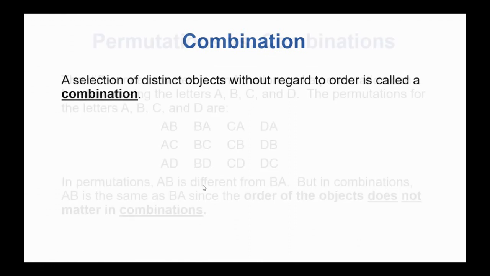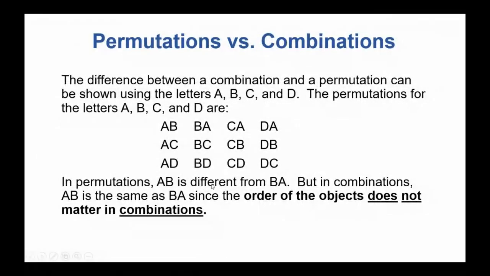So let's do a little exploratory exercise for a second. Let's say we pick two distinguishable letters. So we're not going to pick the same letter. We're going to pick pairs, but not of the same letter.